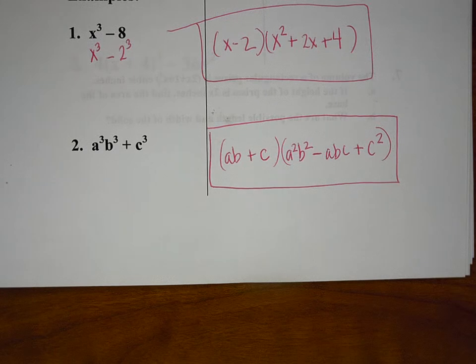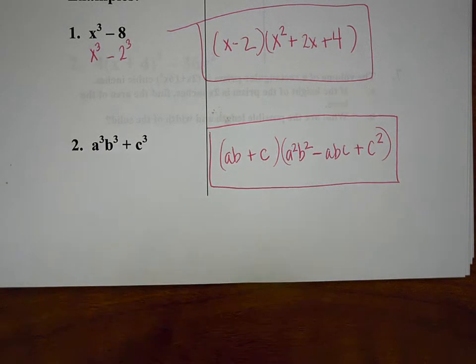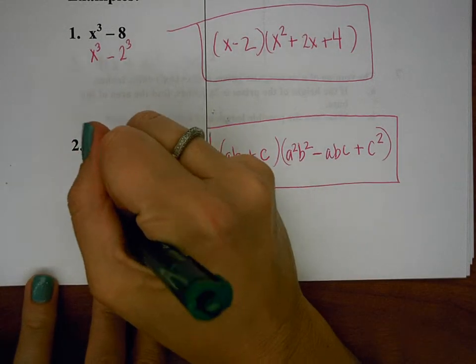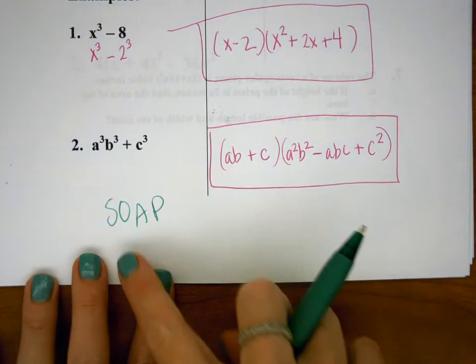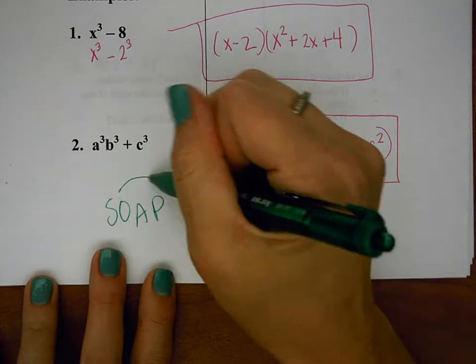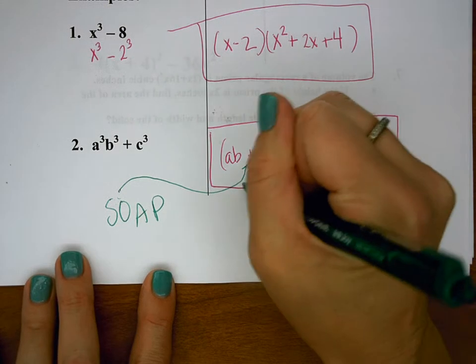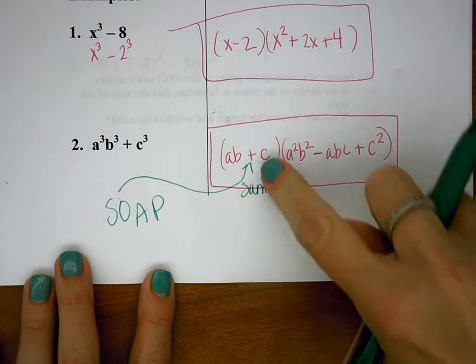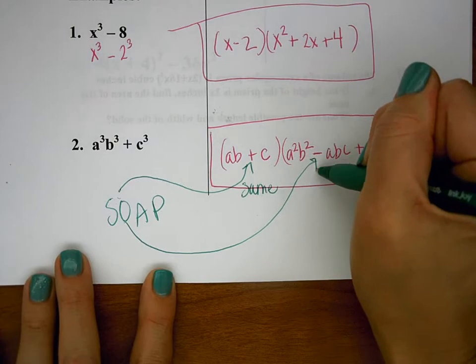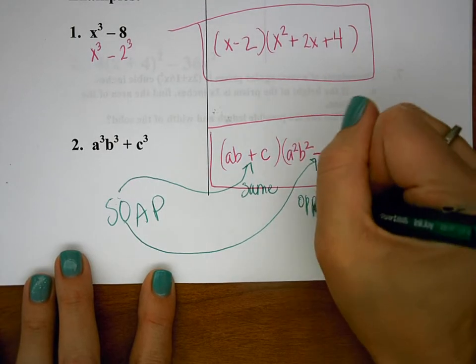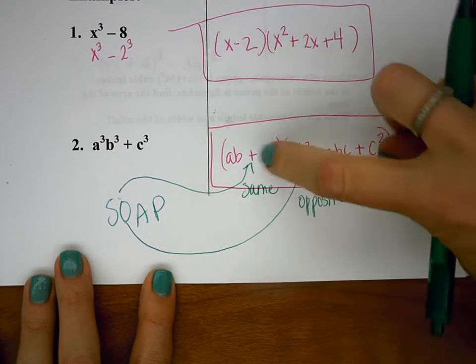Another thing that some students talk about or some teachers teach is called SOAP, S-O-A-P. It's an acronym. What it means is this first one stays the same in terms of signs. Your next one is the opposite of what's here.